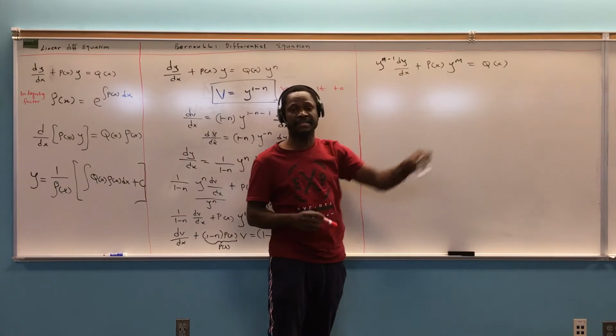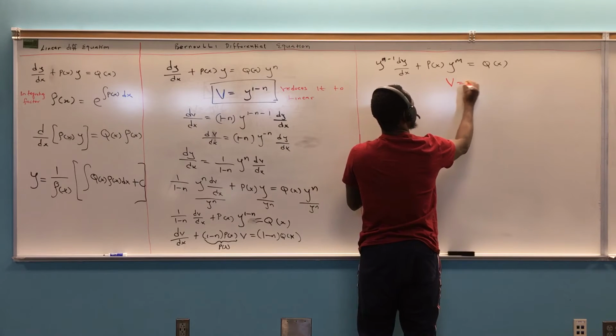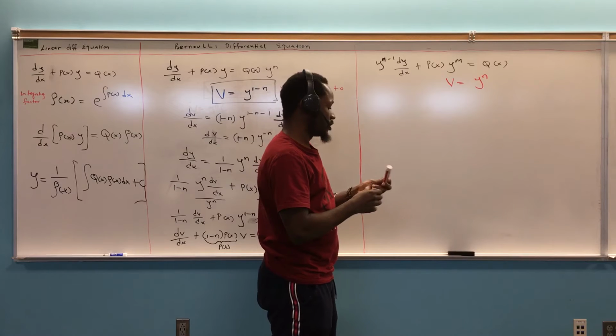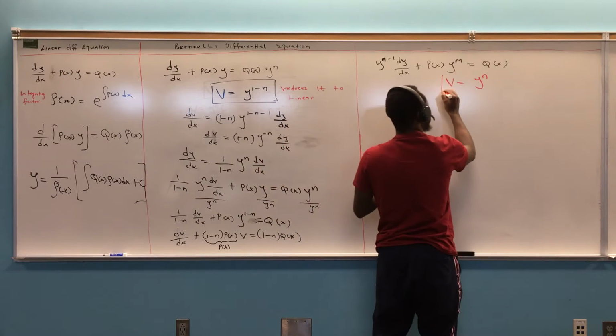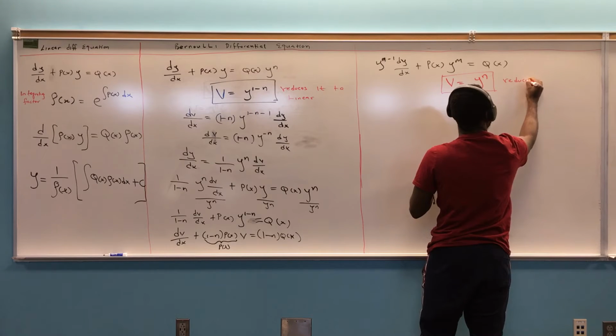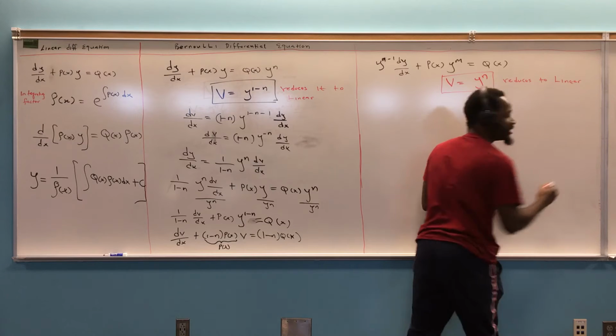If you write it this way, your substitution v is simply y to the m. When you use this substitution, it reduces it to what? Linear. And let's try that.